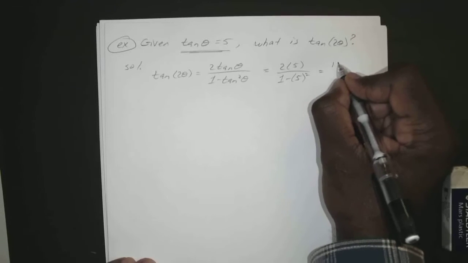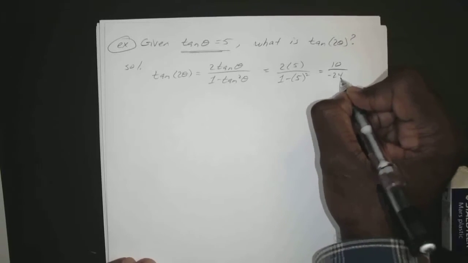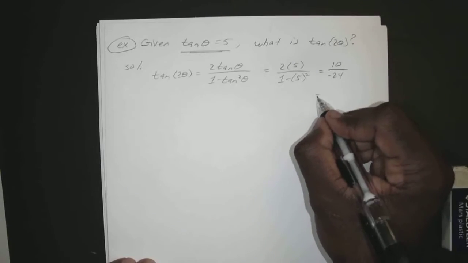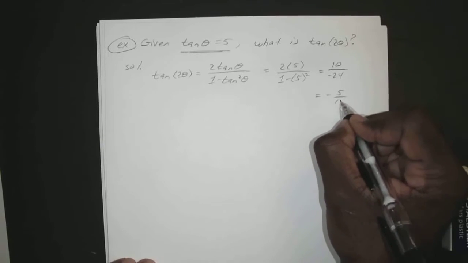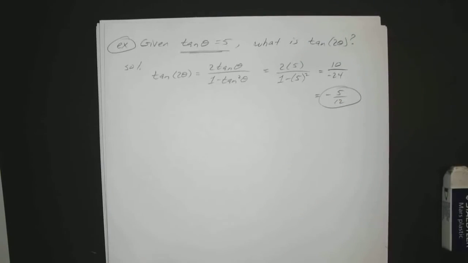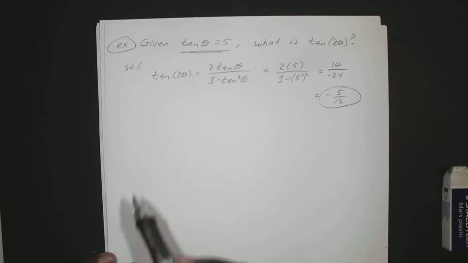Which is 10 over negative 24, which simplifies to negative 5 over 12. All right, so any questions on that one? Okay.